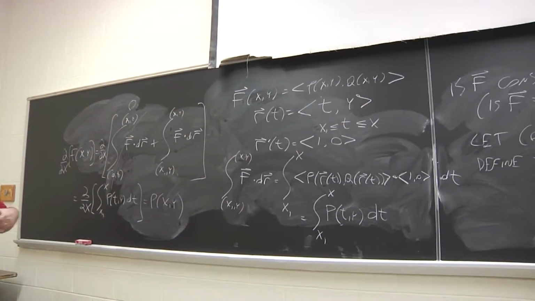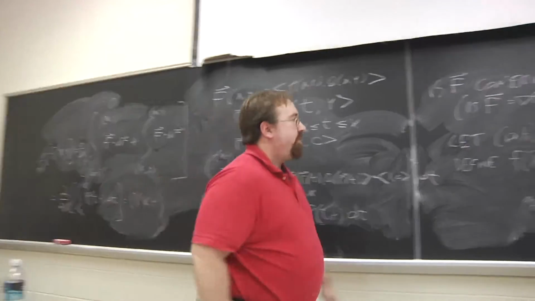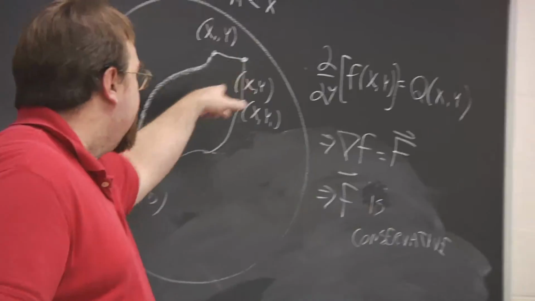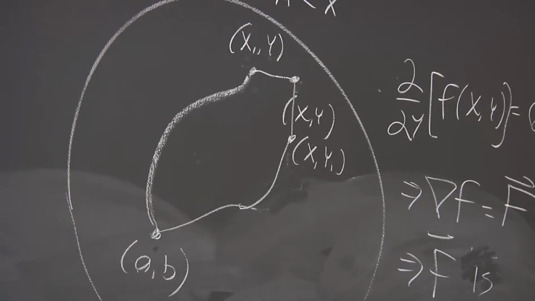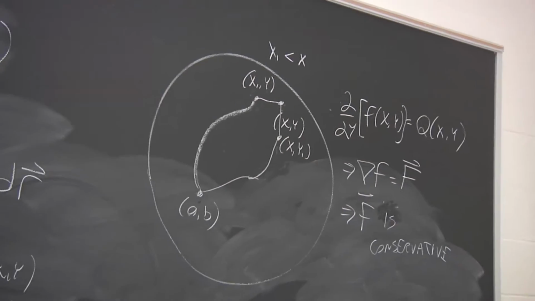So here we see how path independence can be exploited to use a path that allows us to easily show that the gradient is what we expect it to be, or hope it'll be.